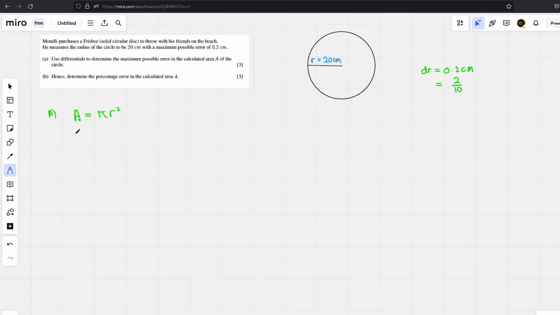So firstly, I'm going to take the derivative of both sides with respect to r. So d by dr of my left hand side is equal to d by dr of pi r squared.